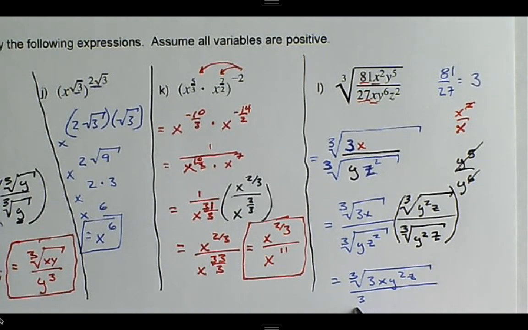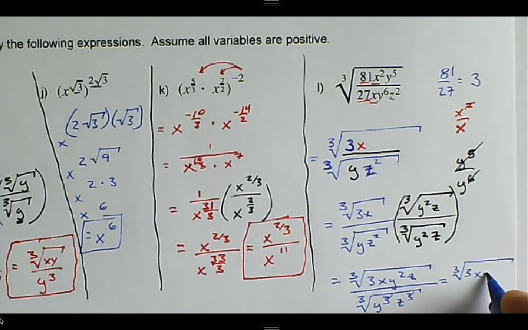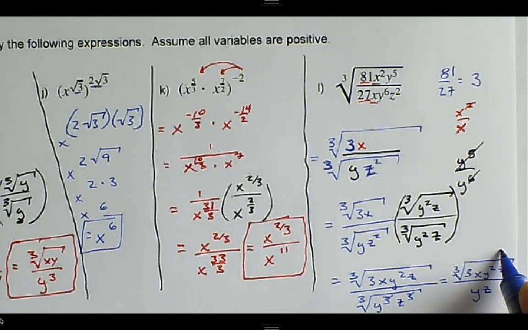So we get cube root of y times y squared is y cubed, z squared times z is z cubed, and then what ends up happening is the radical cancels our exponents in the denominator, and so the simplest version is the cube root of 3x y squared z divided by yz, and that is the simplest version.